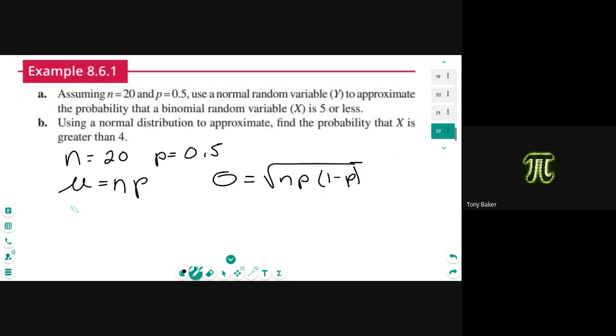So what's my mean for this one? Which is 10, right. Okay. And my standard deviation is the square root of 20 times 0.5 times 0.5, because 1 minus 0.5 is still 0.5.